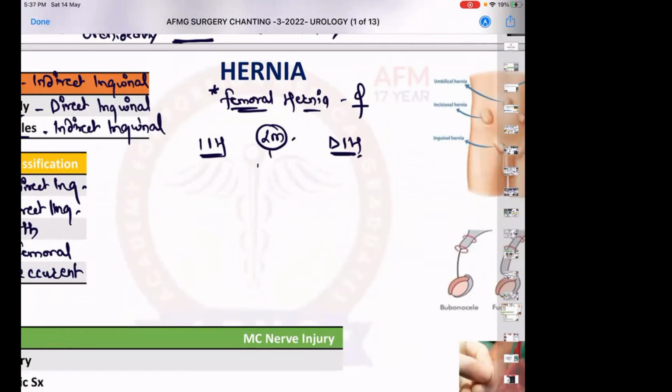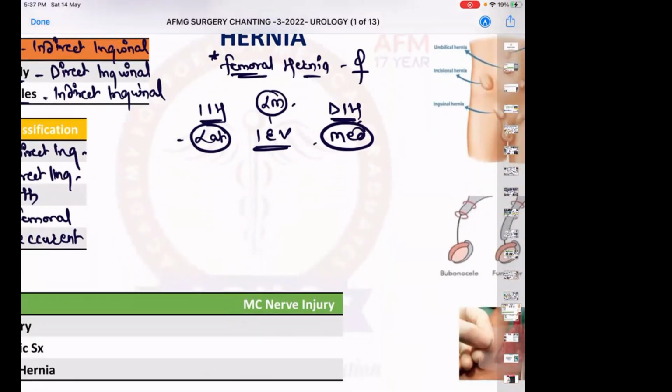The landmark is the inferior epigastric vessels. Indirect inguinal hernia is lateral to the inferior epigastric vessels, whereas direct inguinal hernia is medial to the inferior epigastric vessels. Then which is the landmark to differentiate between the indirect hernia?